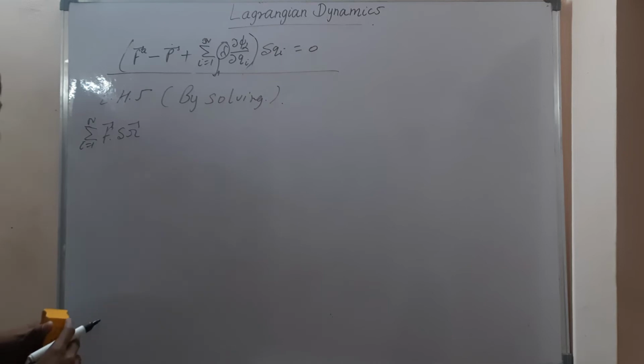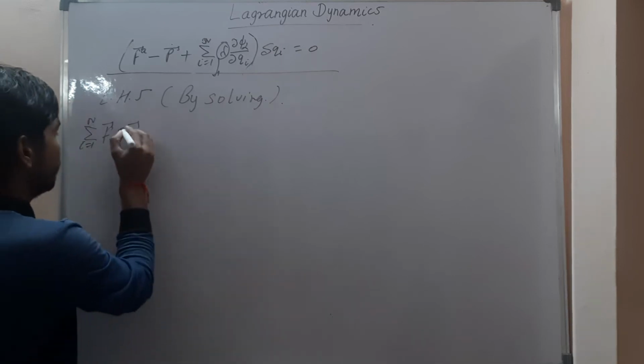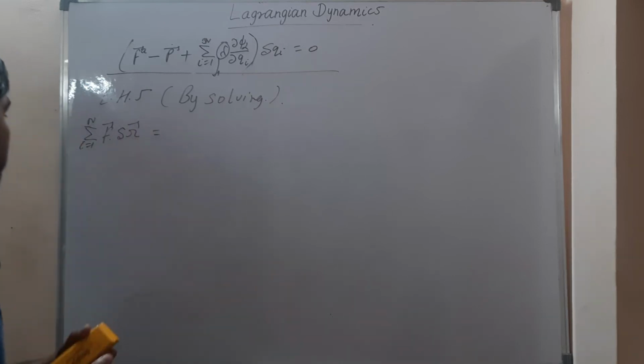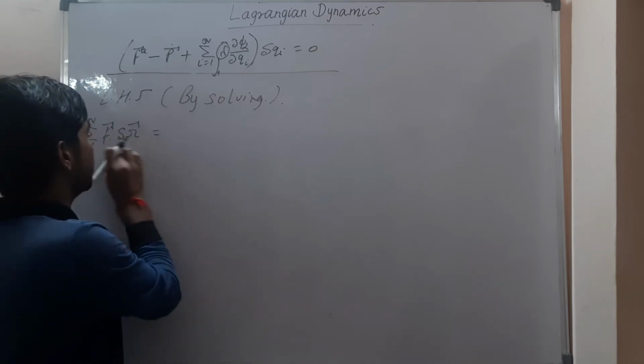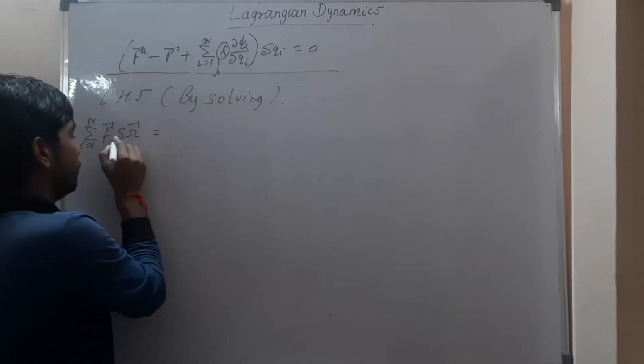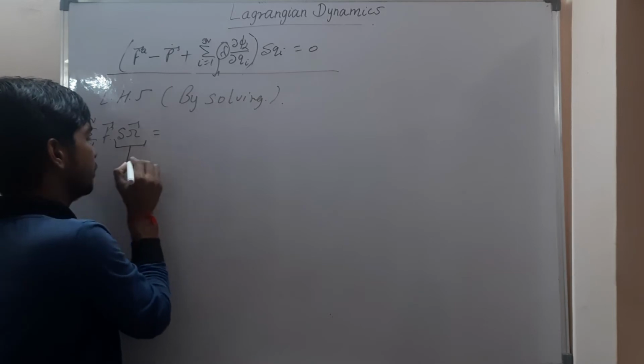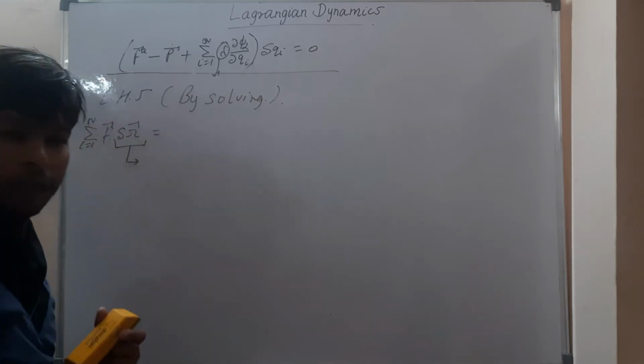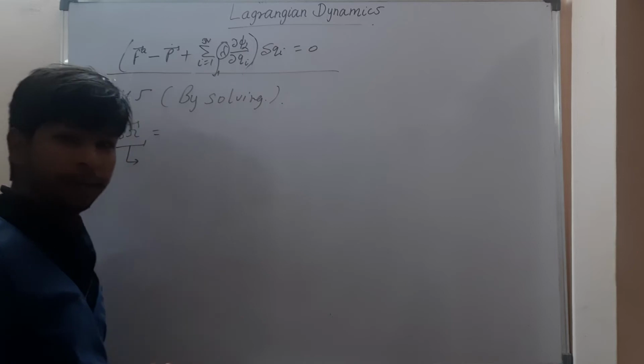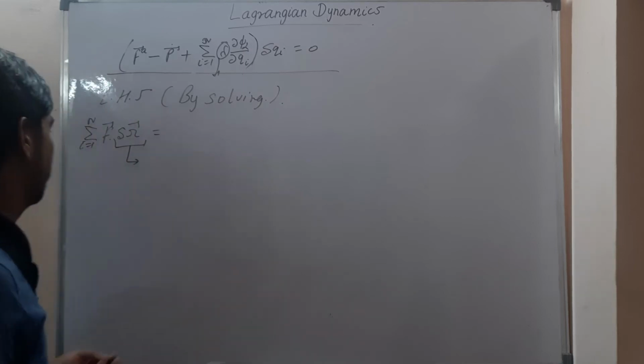Here 1 to n is the number of particles in the system. If I see this one, our main purpose is to change this del Ri into the independent generalized coordinates. So how can we write?